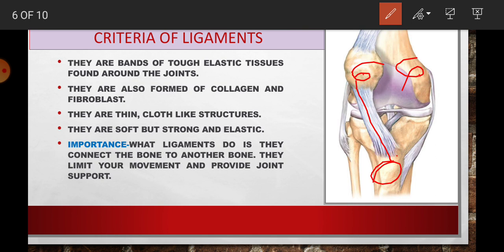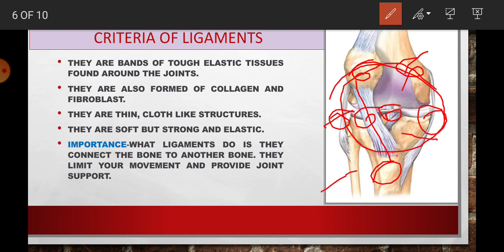And this whole joint is supported by these ligaments, 1 2 3 inside 4, so the whole joint is supported by the ligaments. And because of these ligaments, these bones cannot dislocate from each other, they cannot move away from each other.